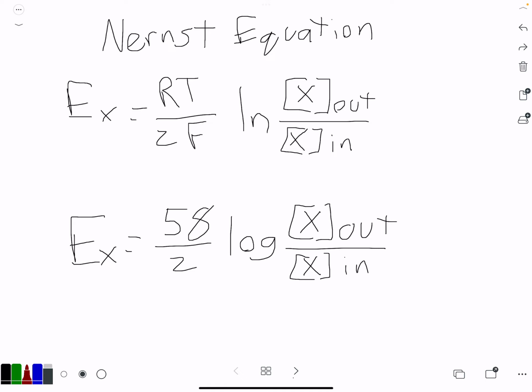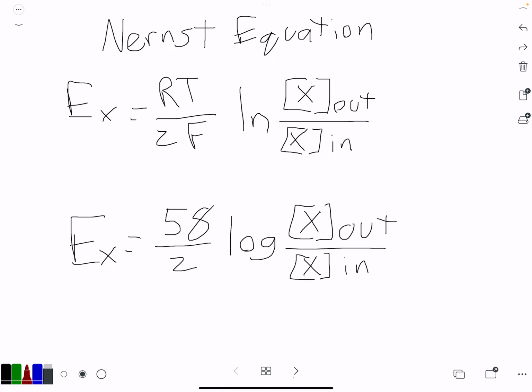Starting with the simpler one, the Nernst equation, which we saw and talked about in class before, allows us to calculate the equilibrium potential, which is Ex. X, of course, being a particular ion that we're interested in, the ion that's permeable to the membrane.